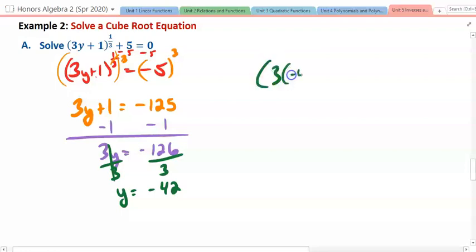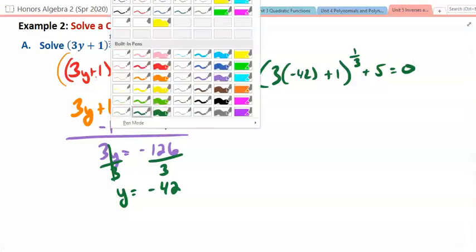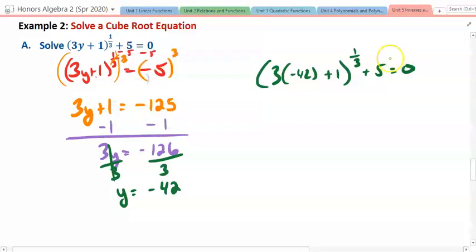So 3 times the negative 42 plus the 1, all that to the 1/3 power, plus the 5, is that going to all cancel out and give us 0? And so we check it out. We've got multiplication here, so that's going to give us a negative 126 plus the 1 to the 1/3 power.